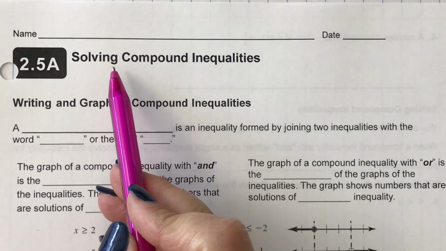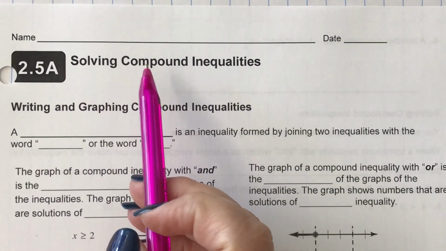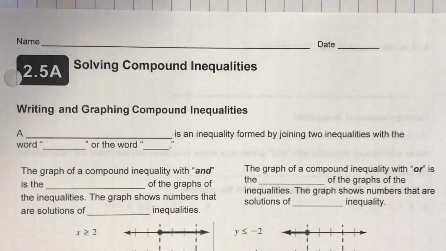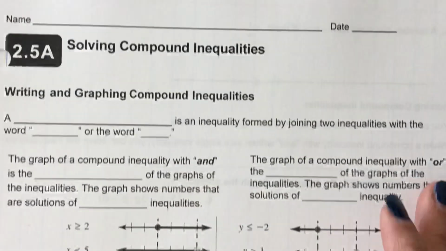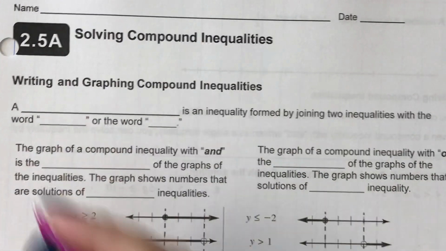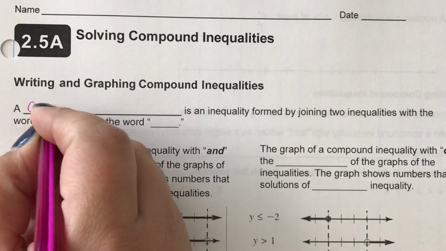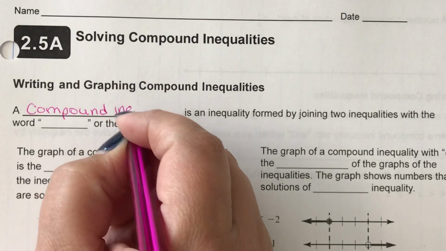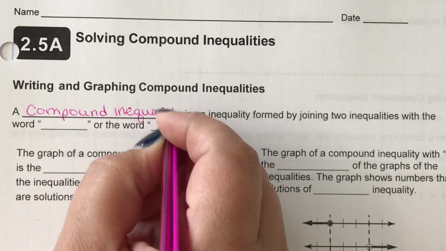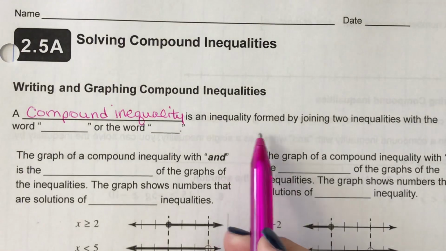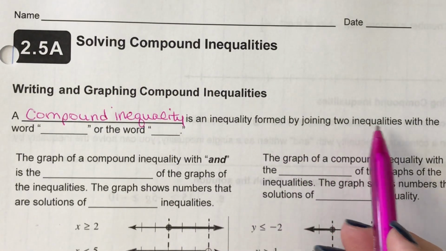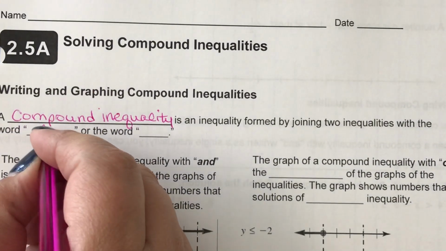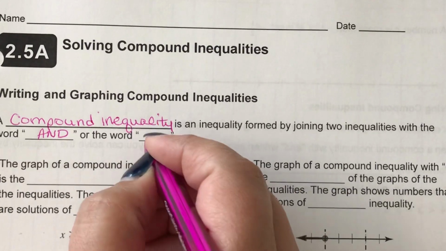So yes, we're still going to solve, but we're going to look to see how we do that when we have compound inequalities. So you might be asking, well, what does that mean? So I'm going to start with that. So essentially, a compound inequality is an inequality that is formed by joining two inequalities with the word and or the word or.